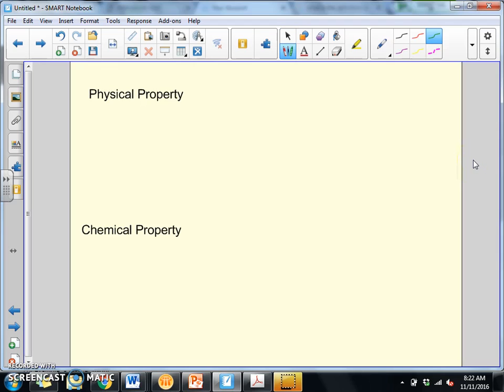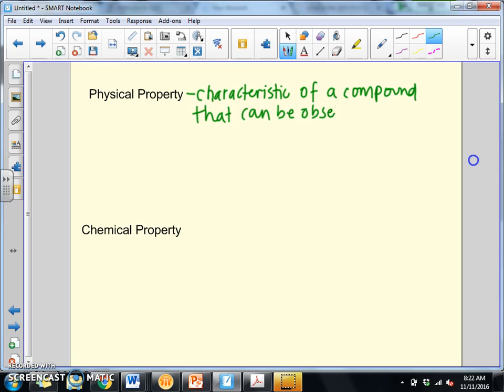A physical property is a characteristic of a compound that can be observed. This means when I'm observing something, I'm using my five senses: what I see, what I taste, what I touch, what I smell.